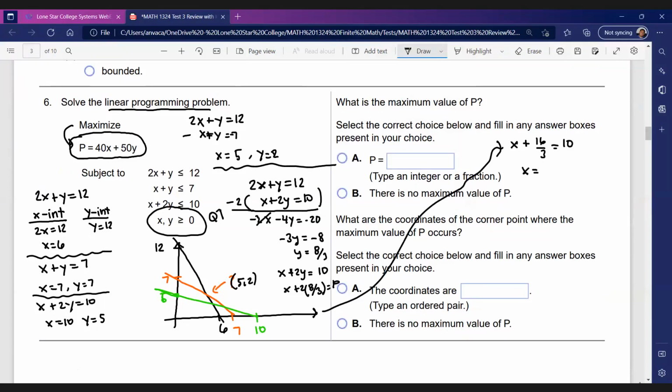And therefore, x is equal to 10 minus 16/3. Getting a common denominator here of 3, we get 30 minus 16, which is equal to 14/3. Wow, so therefore this point right here happens to be 14/3, comma 8/3.